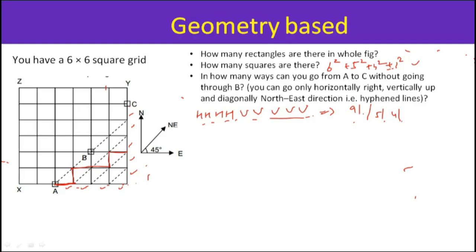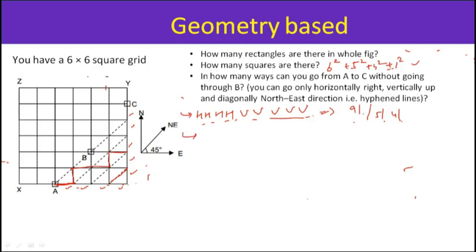Perfect. Now, can you just try to think, if I introduce one diagonal line, what will be the impact on horizontal and vertical lines? Say for example, I am introducing this particular diagonal line. One diagonal line is equal to how many horizontal and how many vertical lines?